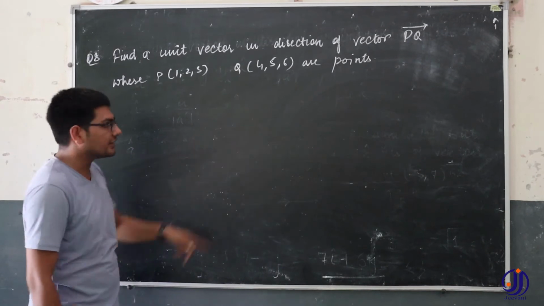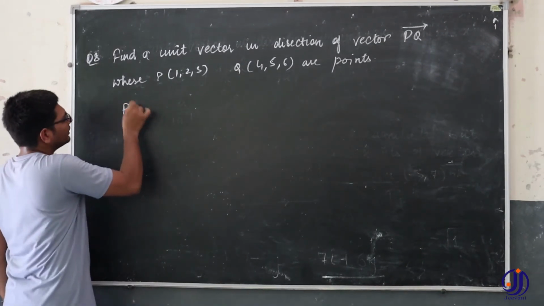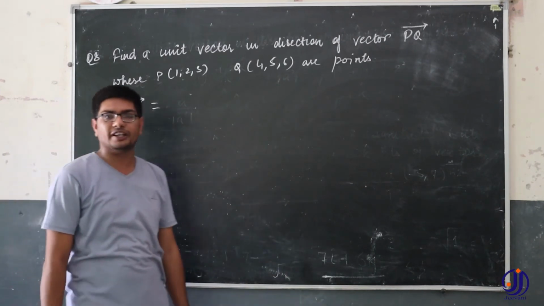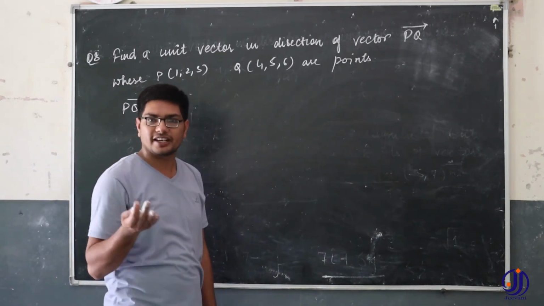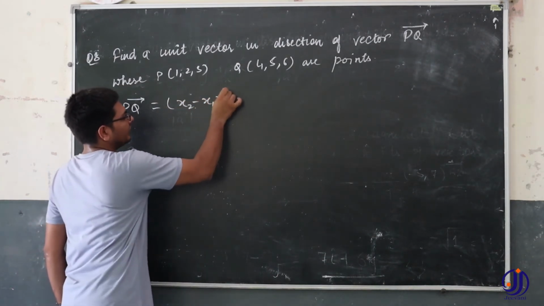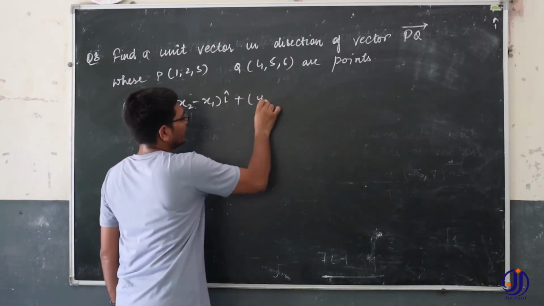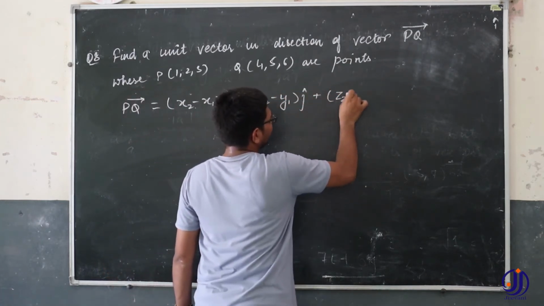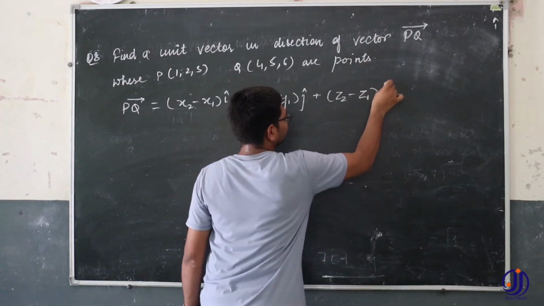The answer is yes. It's very simple. It's just the coordinates of point Q minus the coordinates of point P with respective i, j, k components. This is like x2 minus x1 i cap plus y2 minus y1 j cap plus z2 minus z1 k cap.